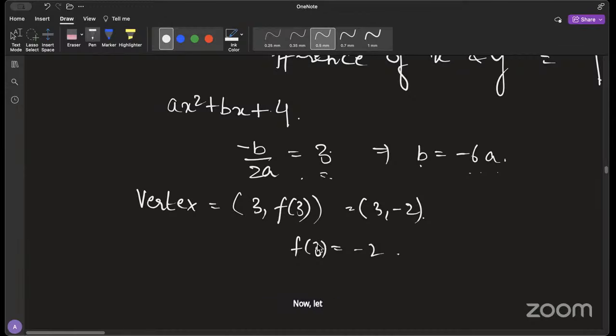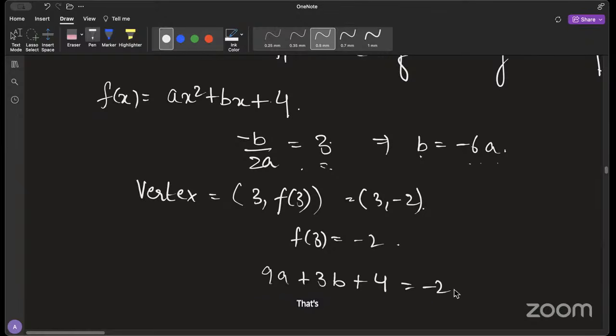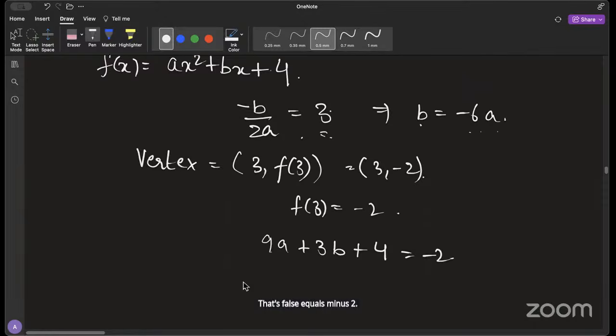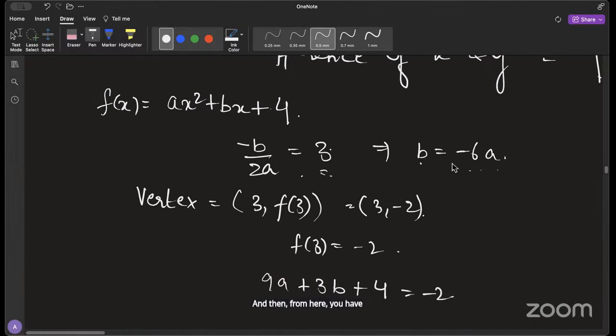Now let's try to find f of 3. This is f of x, right? If you put 3 here, you will get 9a plus 3b plus 4 equals minus 2, right? And then from here, now you have two equations in two variables. You have b equals to minus 6a from here.